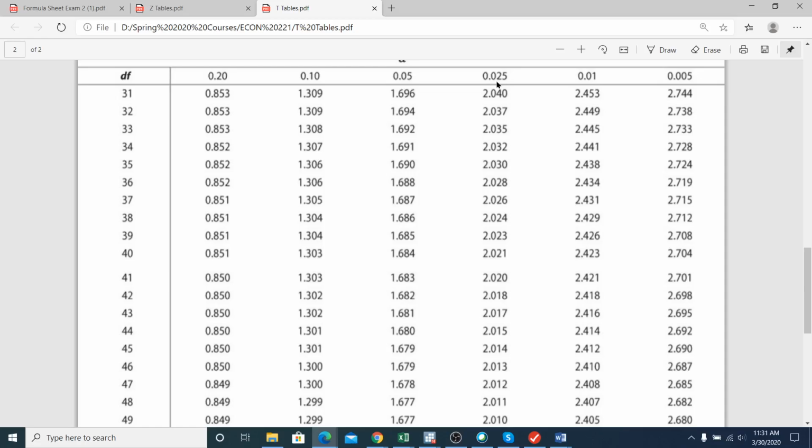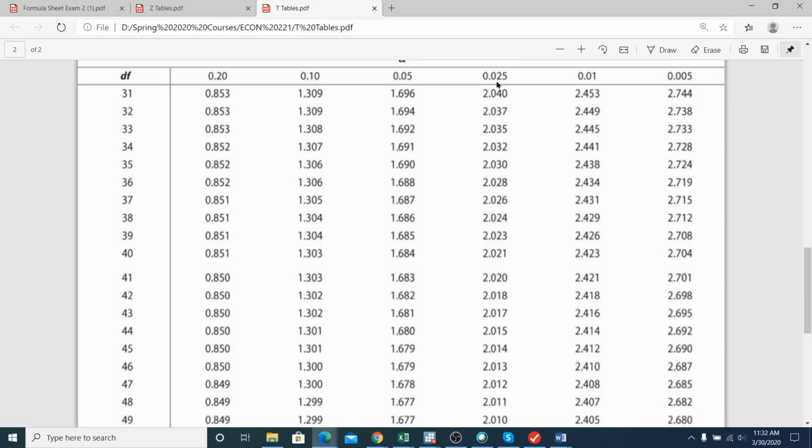Like I said, I would expect the first half of these practice exams will look very similar to the first half of this exam. The rest of it will look similar, but I will have a short answer question where I ask you to do one of these 3 types of hypothesis tests in terms of either a proportion, a sample mean where I know the population standard deviation, or a sample mean where I don't know it, right?